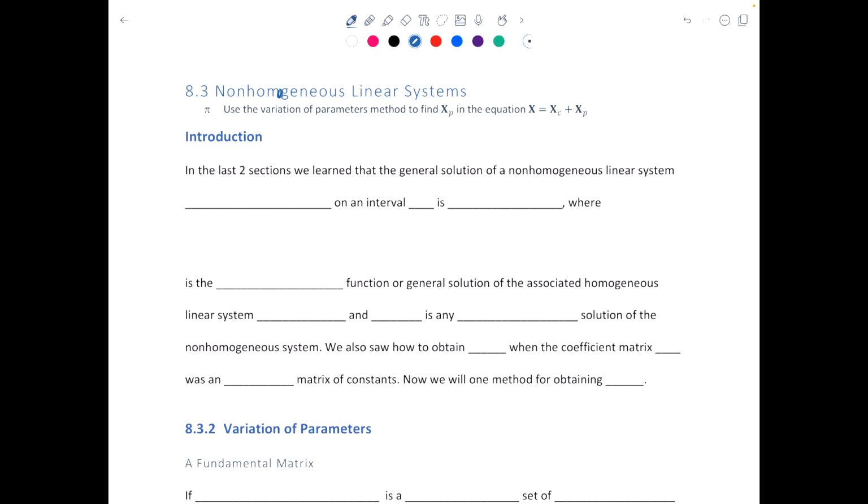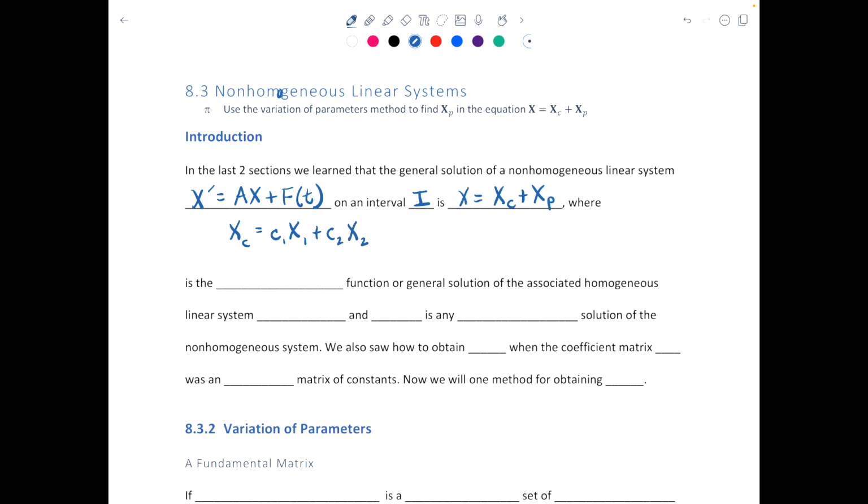Okay. All right. In the last couple sections, we learned that the general solution of a non-homogeneous linear system, x prime equals A times x plus f of t (we'll write f at t just so that we know that there are functions of t within that matrix), on an interval I is x equals xc plus xp, where xc is equal to c1 times x1 plus c2 times x2.